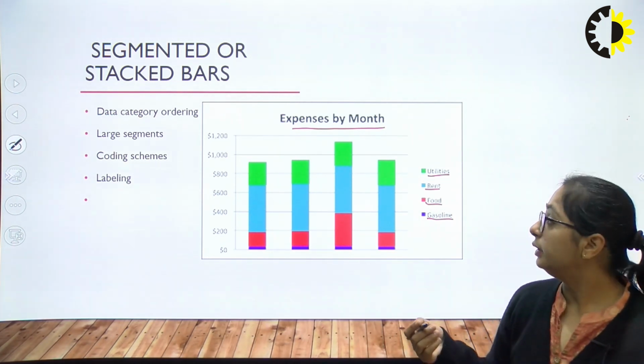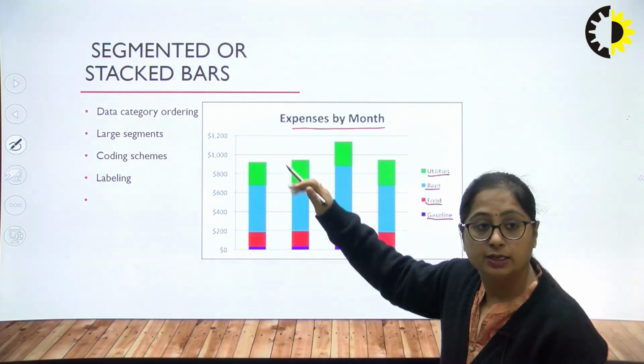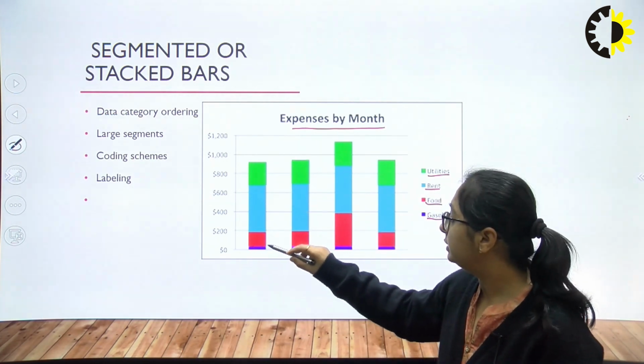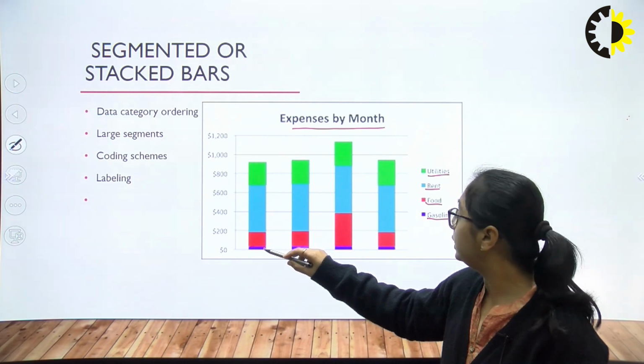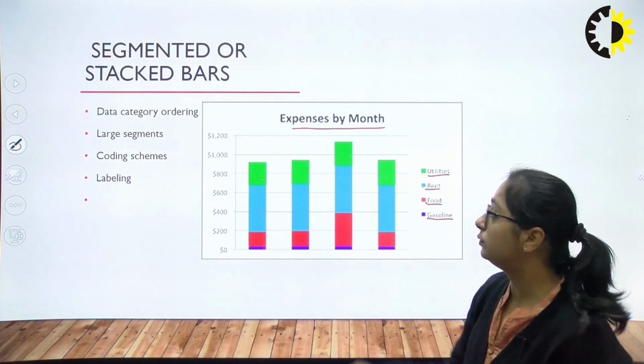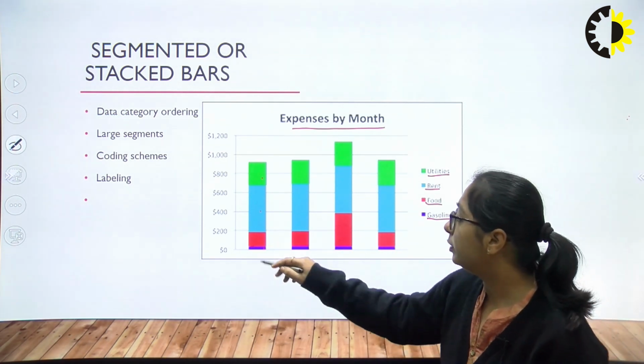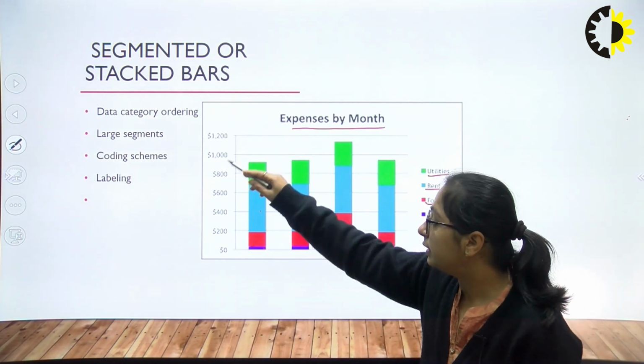For data category ordering, you can see here the data are categorized. That means this is the expense of the gasoline, this is the expense of the food, this is the expense of the rent, and this is the expense of the utility. Similarly you can find here the number of people, and here this is the expense.